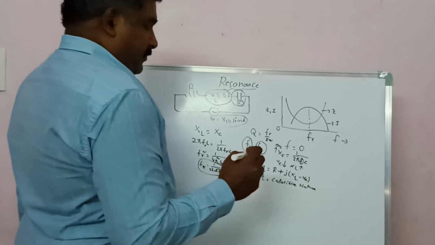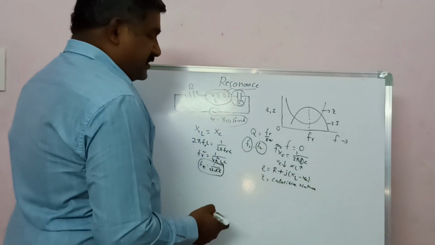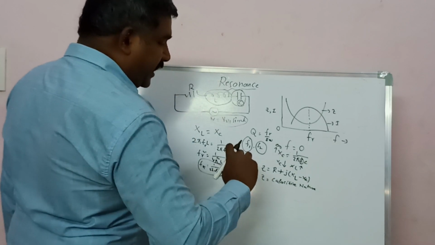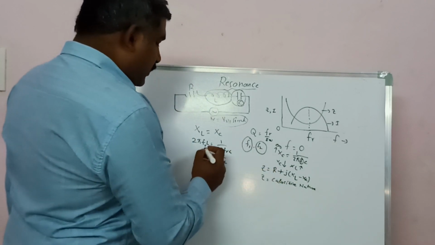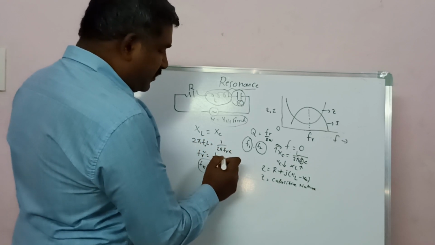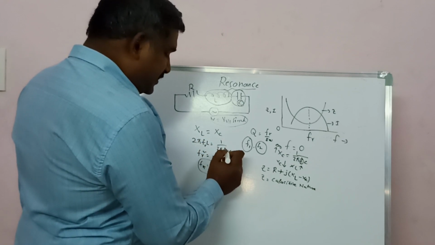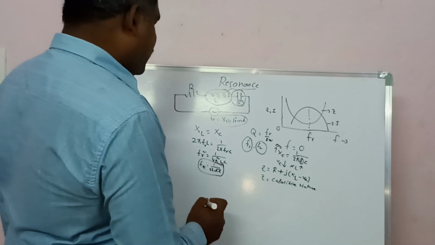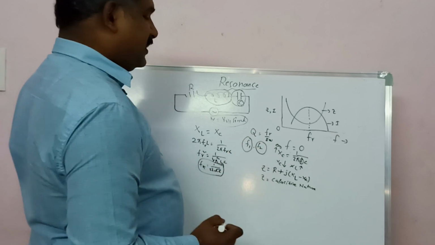Similarly, when the frequency is increased such that XL is identically equal to XC, 1 by 2 pi FR L is equal to 1 by 2 pi FR C. So FR square is equal to 1 by 4 pi square LC. FR is equal to 1 by 2 pi root LC.